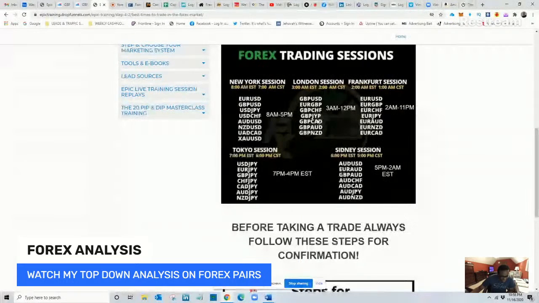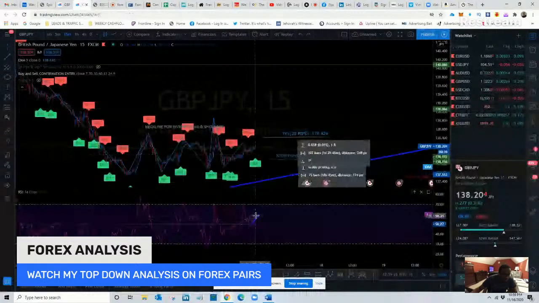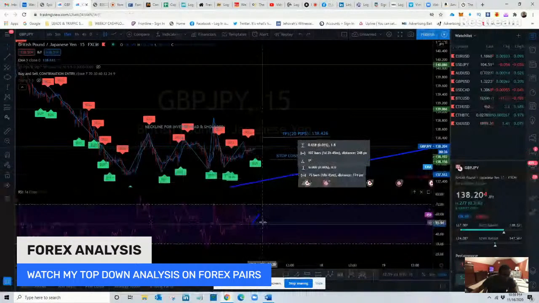I believe it does, because there's a lot of GBPs traded in London. So we might get some major moves with this GJ pair, if I'm not mistaken, I could be. But it looks like price is actually shooting up a little bit sharper off of this side.